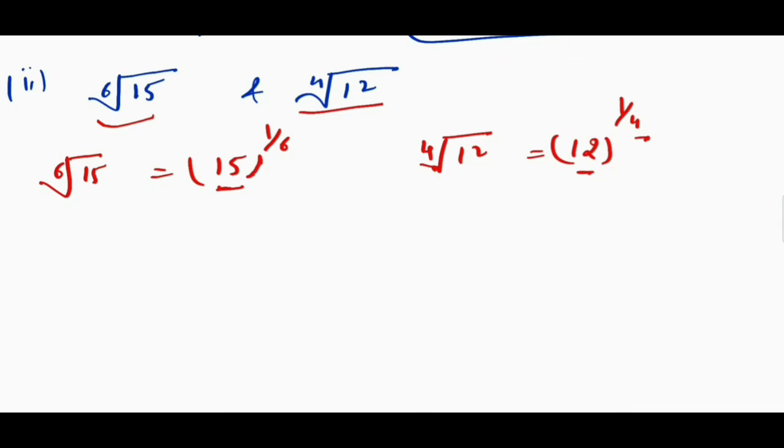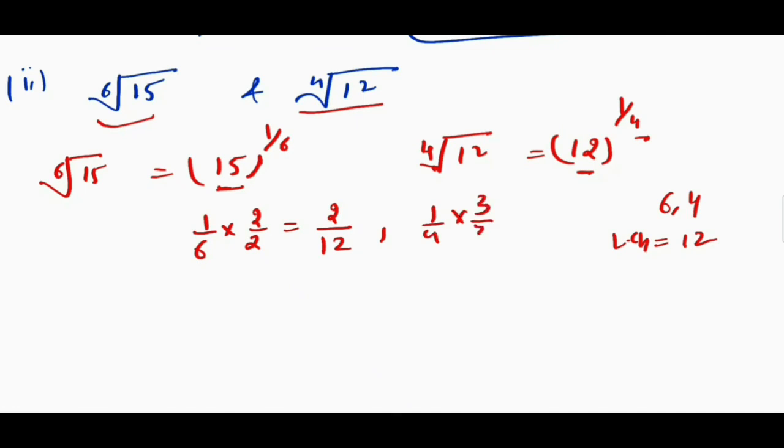The powers are different, so we have to make them like fractions. For that I will take the LCM of 6 and 4. So the LCM of 6 and 4 will be 12. So 1 by 6, I will multiply both the numerator and denominator with 2. This will become 2 divided by 12, and 1 by 4 I will multiply with 3.